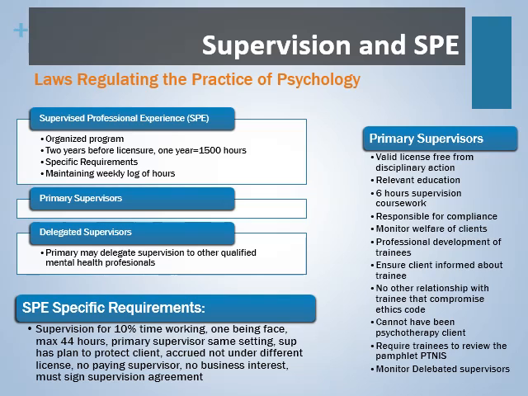So, if both years of the 3,000 hours are completed postdoc, they have to be completed within a 60-month period. The regulations do not limit the number of hours that can be accrued under a single supervisor. Thus, all 3,000 hours can be accrued under the same primary supervisor.